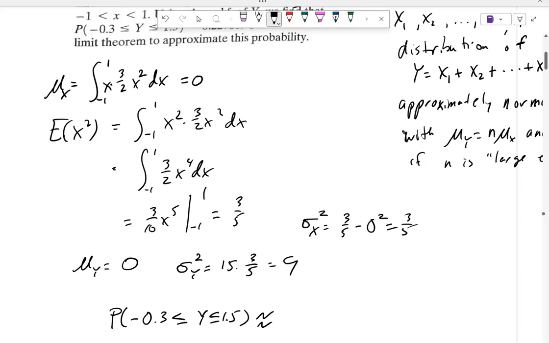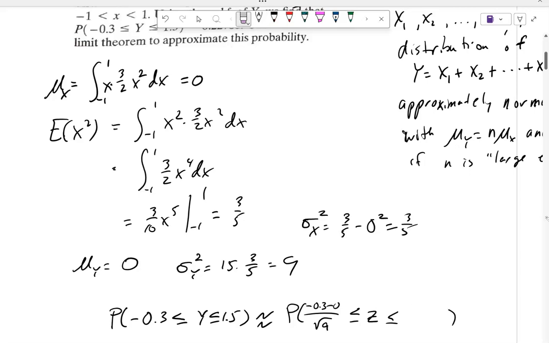Yep, switch it to z's, right? What do we need to do to switch it to z's? Yeah, well, I'll have to subtract 0, right? Because we subtract the mean. I'll just write it out that way. And divide by 3, the square root of the variance, right?